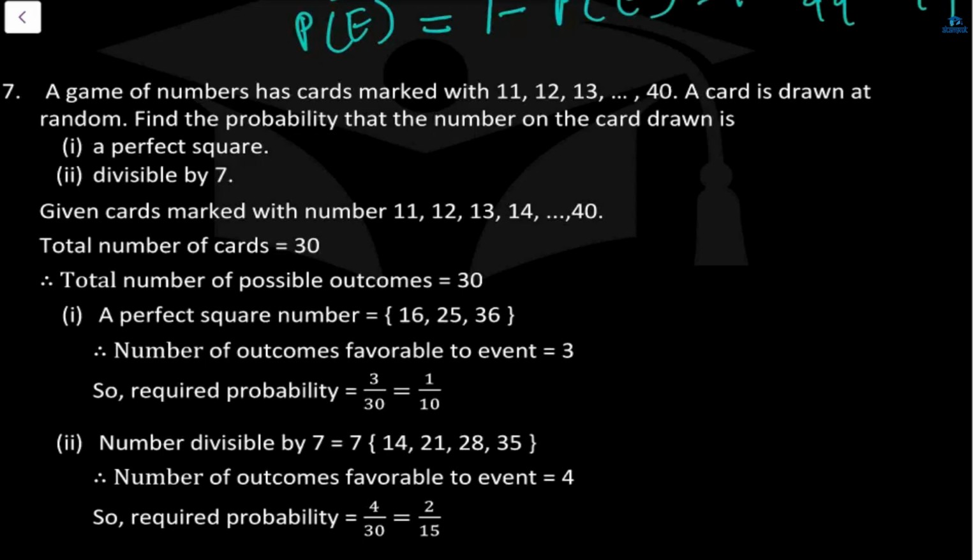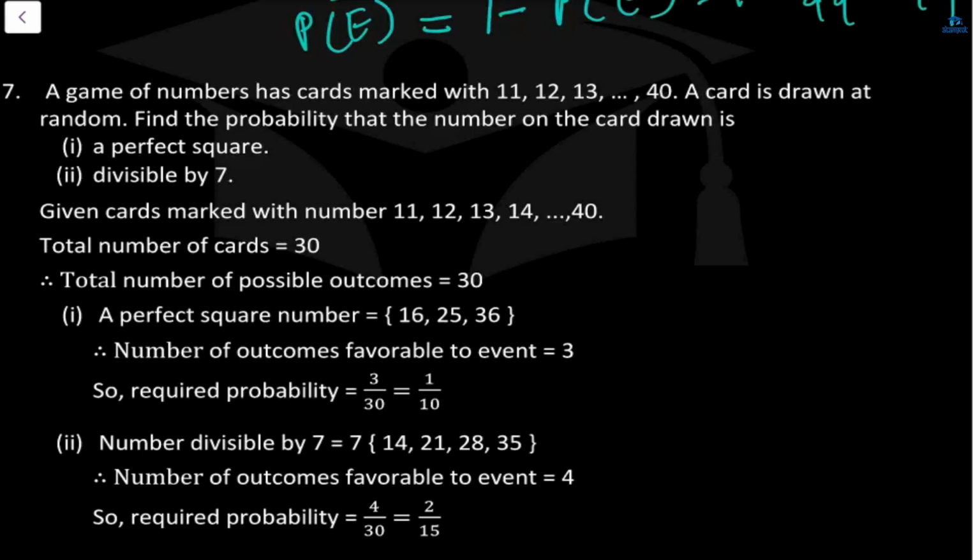So 4 fours are 16, 5 fives are 25, 6 sixes are 36. After that, it goes beyond 40. So we have 3 numbers, 16, 25, 36, that are perfect squares.